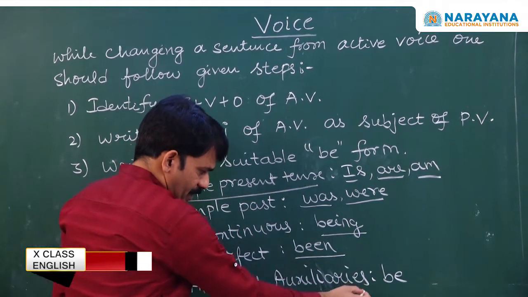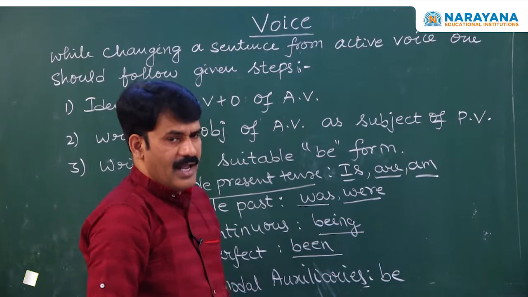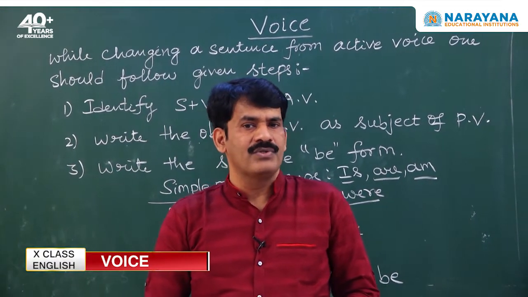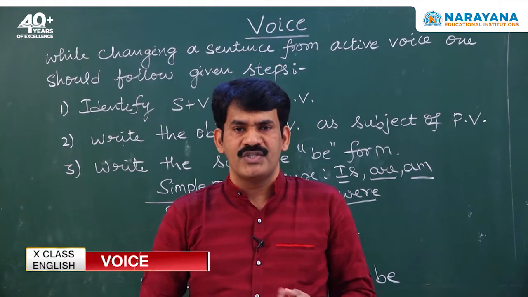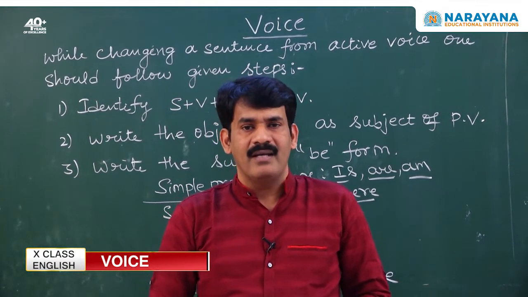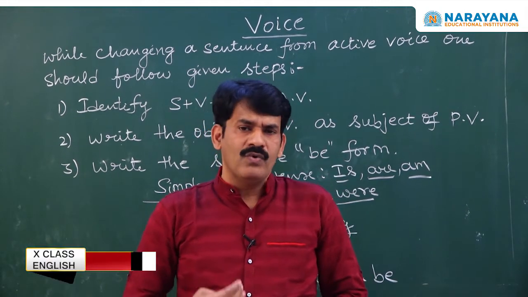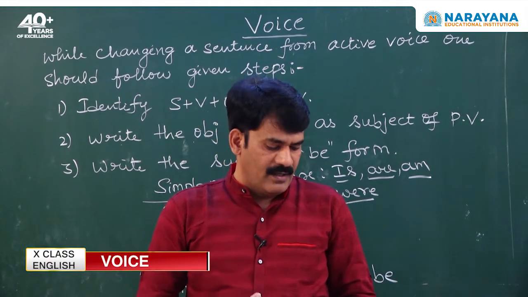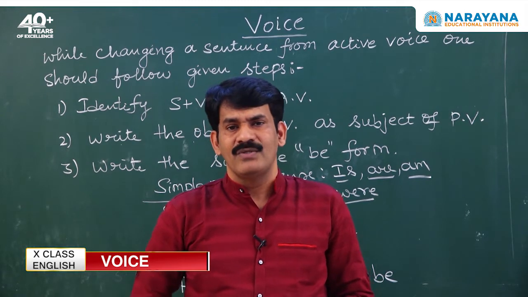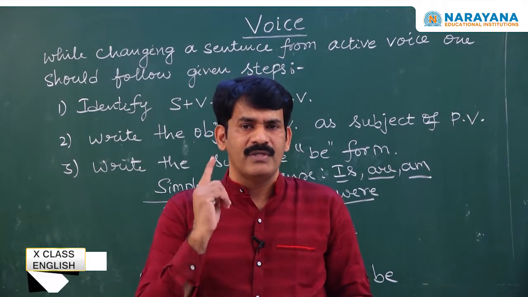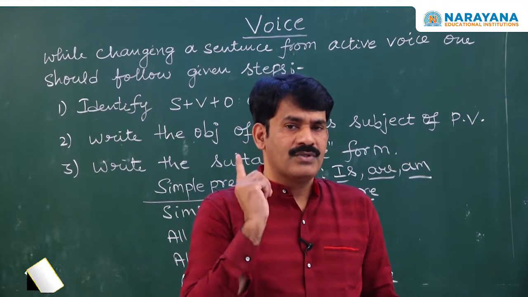All modal auxiliaries like will, would, shall, should, can, could, may, might, must, ought, need, dare, used to. Whenever a modal auxiliary is used in the active voice, while converting it into passive voice, you have to use the be form 'be' without fail.